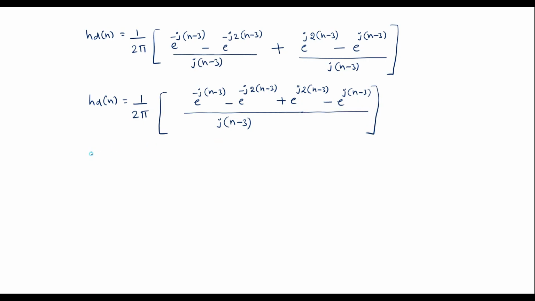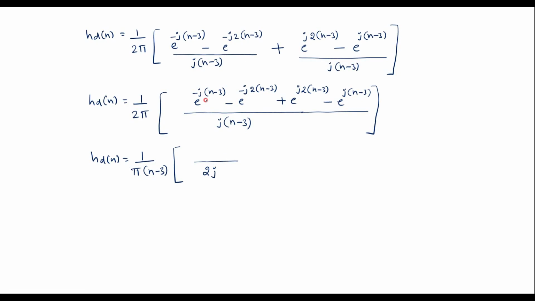In the next step I will simplify further. Here I will take this n minus 3 outside the bracket. Similarly I will send this 2 inside the bracket, therefore the denominator will be 2j.